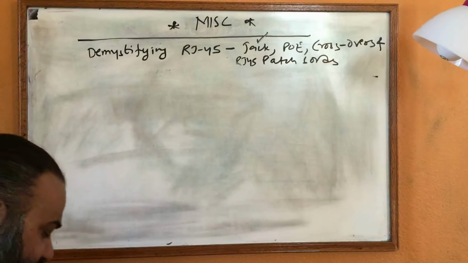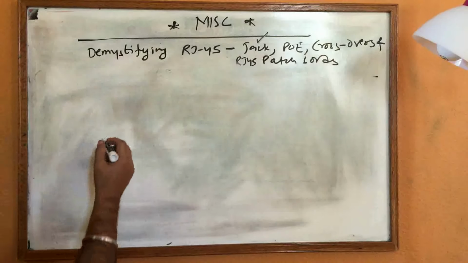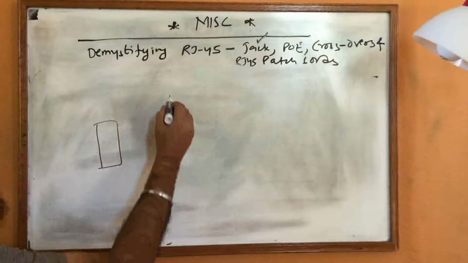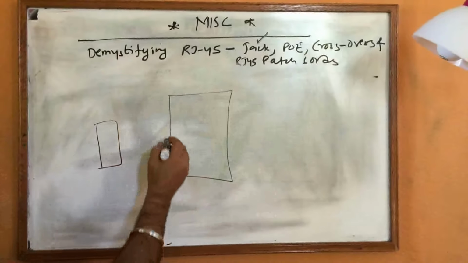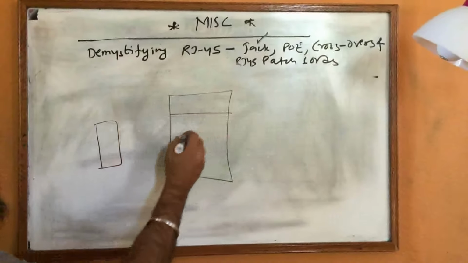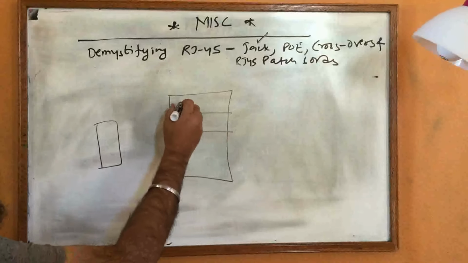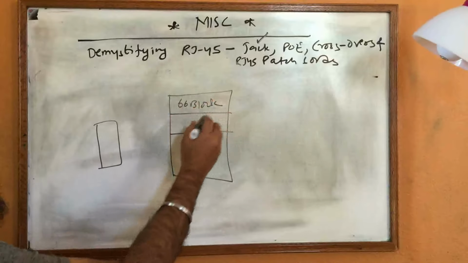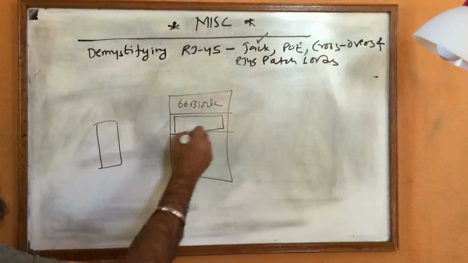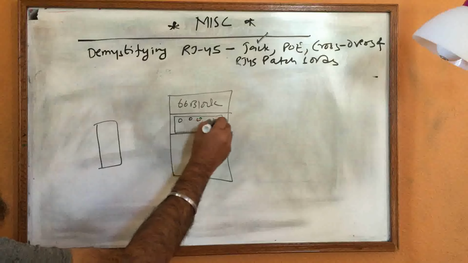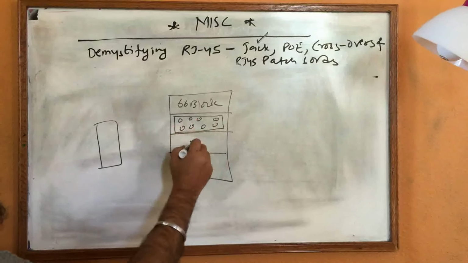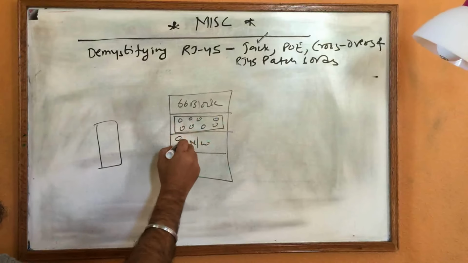So what I mean by that is, real quick, we have an outlet jack here and we have some sort of structured cabling rack. For example, we have a 66 block, punch block, and then we have a patch panel here with the RJ45 jacks. And then from the jack we have a networking switch here.